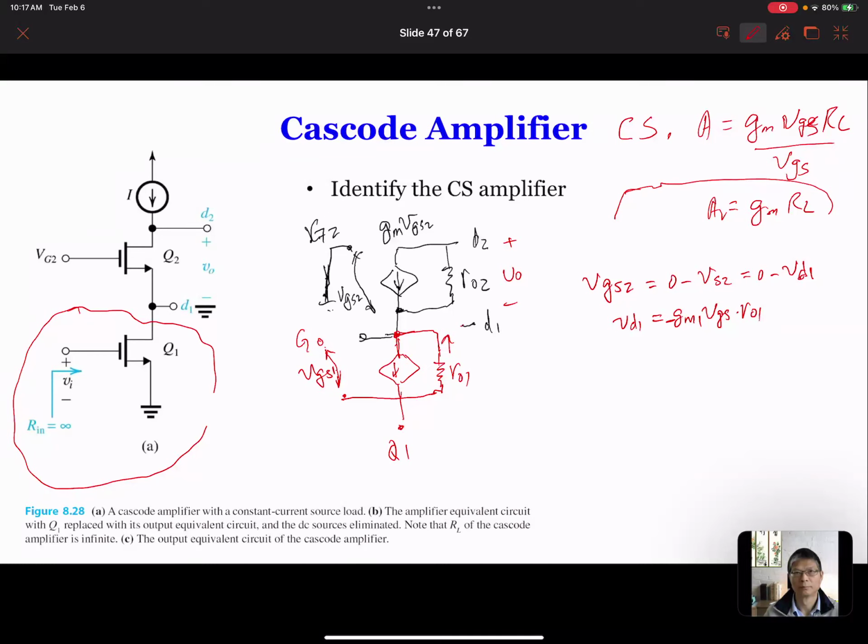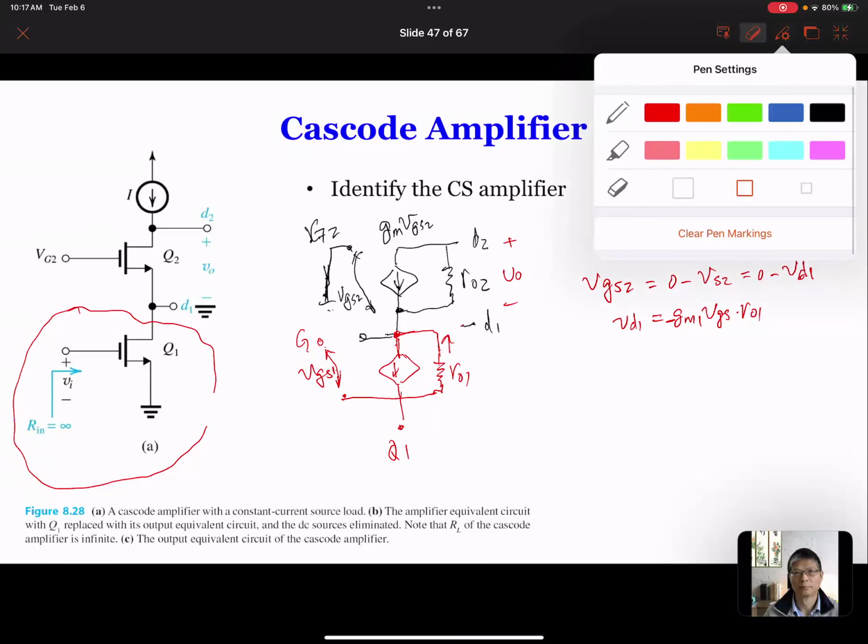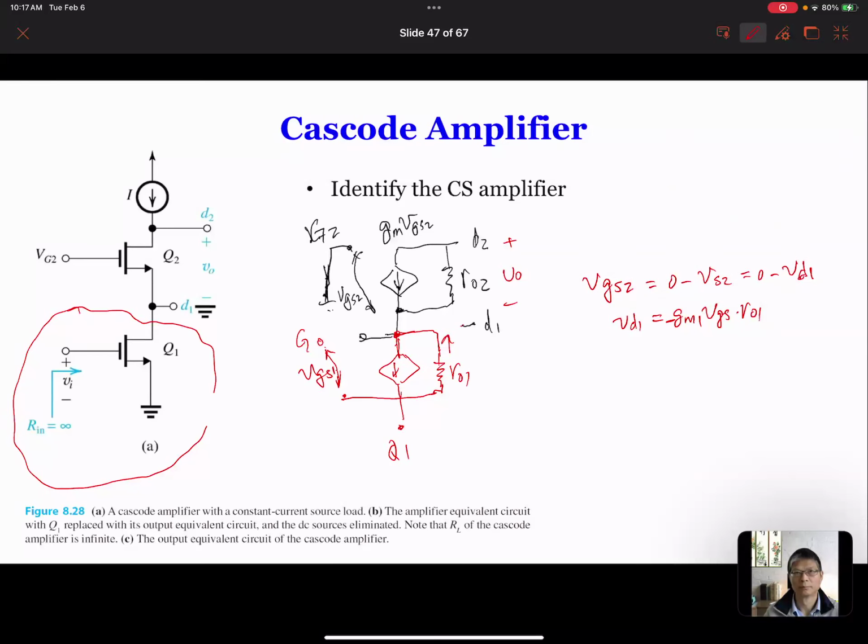So that's VD1. And VD1 is equal to VGS2. So now we can plug in this. In fact, let me also erase this because that doesn't really have anything else. Okay, so we got VD1, then we got VGS2 is minus VD1.